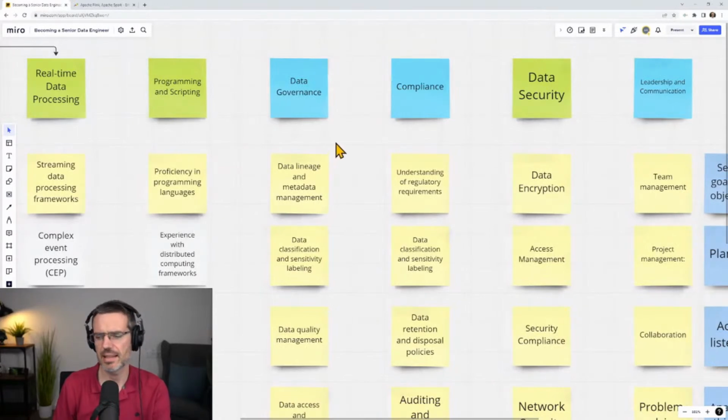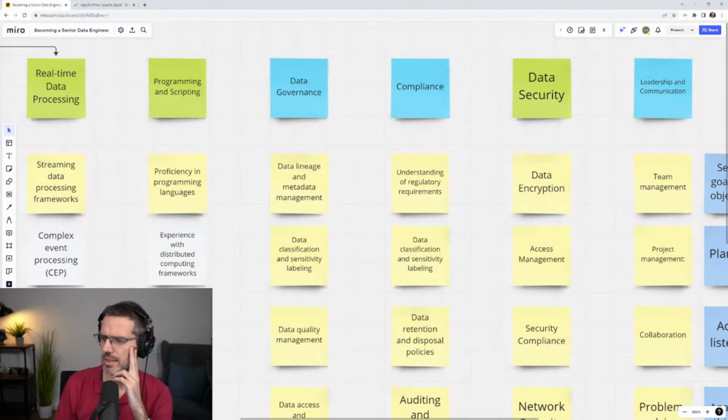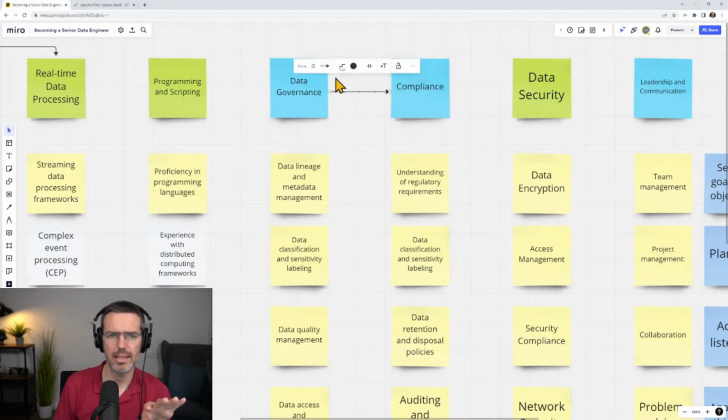For governance, I think that governance generally, let me read what ChatGPT said here for governance. Governance, they should have a solid understanding of data governance and be able to ensure that data solutions adhere to regulatory requirements. Actually, this is a lot connected to compliance.